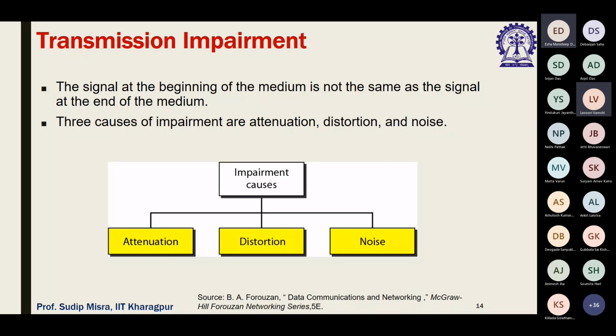Essentially the signal at the source and the signal that is received at the destination through the channel are not going to be the same. The signal is going to be affected in different ways. What are these impairments that are going to happen? One is attenuation, the second is distortion, and the third one is noise. These are the different causes of impairment.